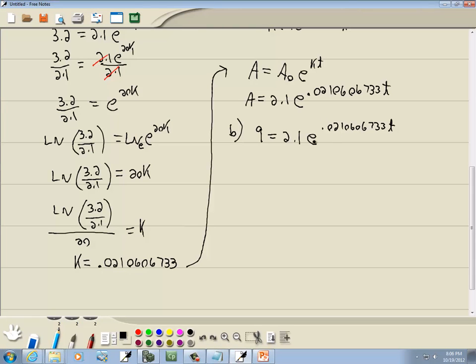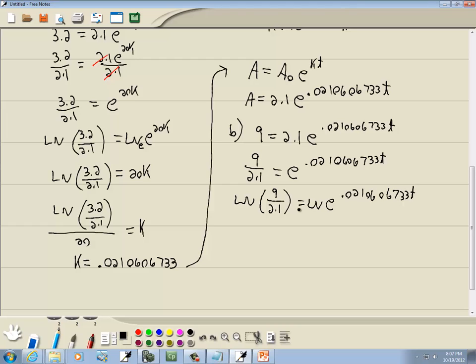Okay, this is an exponential equation. We've got a variable in the exponent. Well, first step is to get the part with the variable in the exponent by itself. Well, we need to divide both sides by 2.1. By itself means no numbers in front of it, no numbers after it. Now we're going to take natural log of both sides. So natural log of 9 divided by 2.1 equals natural log of e to the 0.0210606733t.